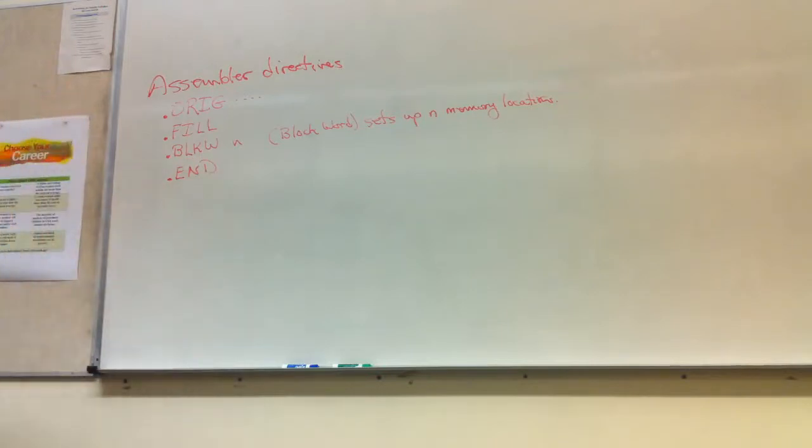The other one that we really need to talk to, since you'll now be writing in this medium, is the .end. People get confused about the difference between halt and .end. Remember, anything with that dot at the beginning is a directive to the assembler and will not appear in the final program.